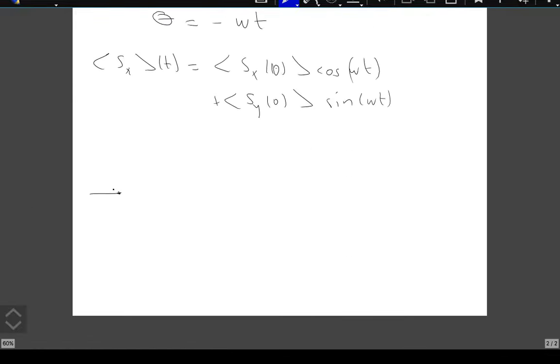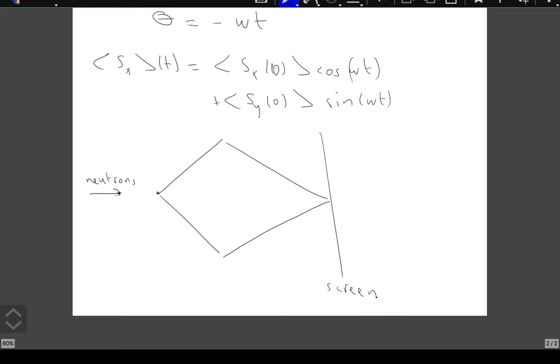Let's suppose we have a source of neutrons traveling, and then we split them. Half goes in one region, the other half goes through some other path. Here we put a screen, and along one of the paths we have a magnetic field.